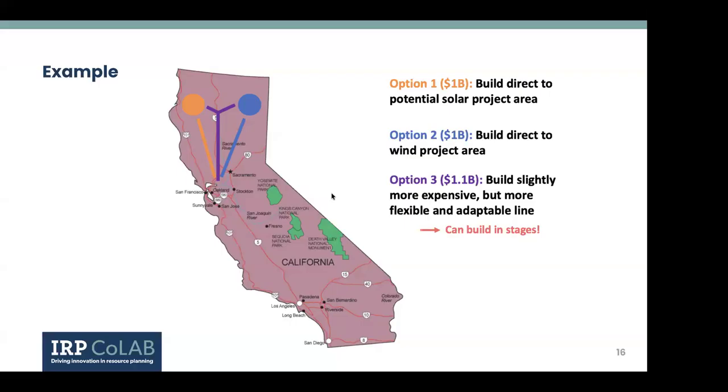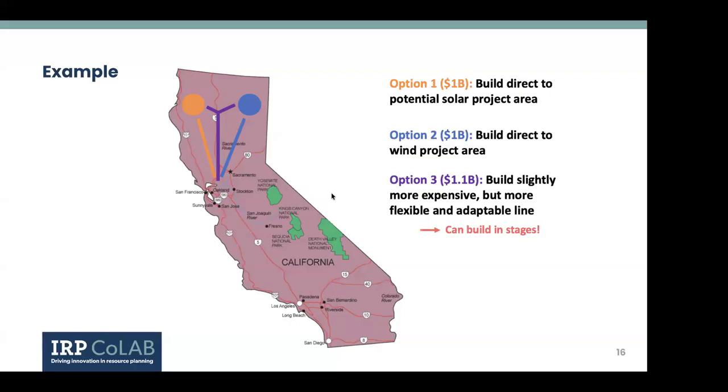Also, even if you model two different deterministic scenarios individually and compare them, say one scenario where solar is available and a different one where wind is available, you still might miss those more robust and flexible transmission upgrades that don't show up in just one deterministic scenario.